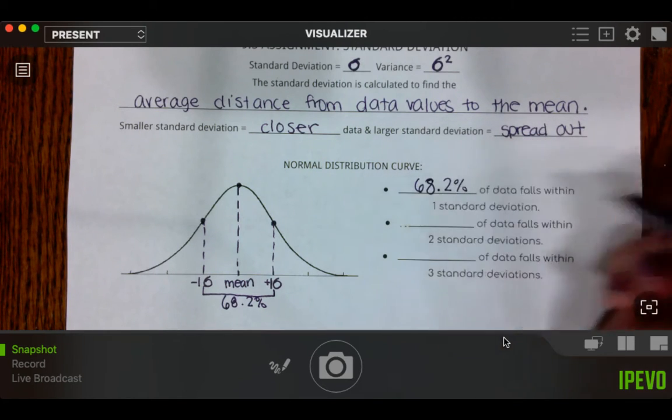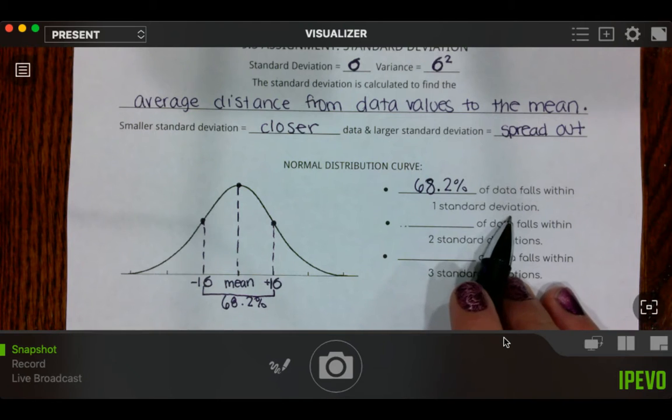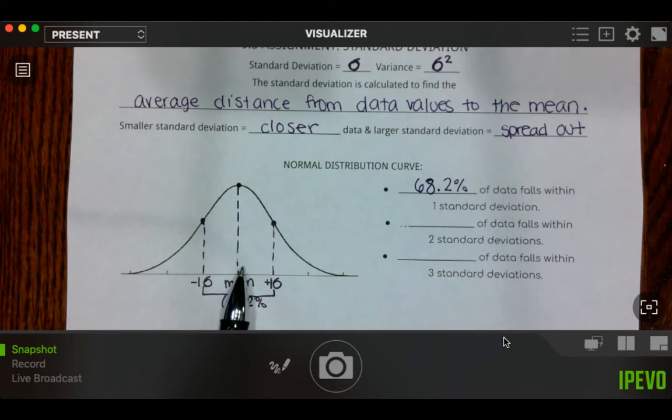So almost 70% of the data falls within one standard deviation if it is a normal distribution curve. We're not going to do a whole lot with this. I mainly just wanted to show you because this is why we actually do it.